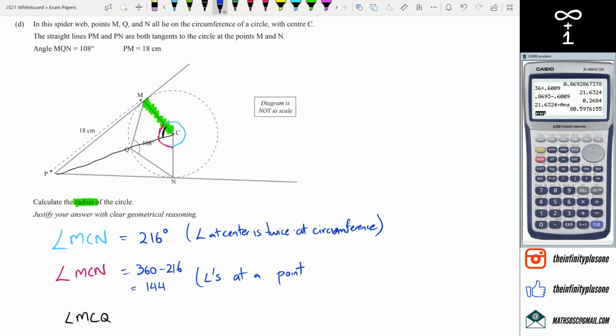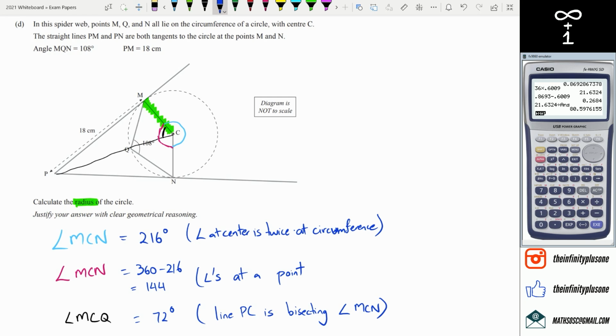And the reason it's 72 degrees is half of 144, because we can say that line PC is cutting it right through in half. So it's cutting the angle MCN.